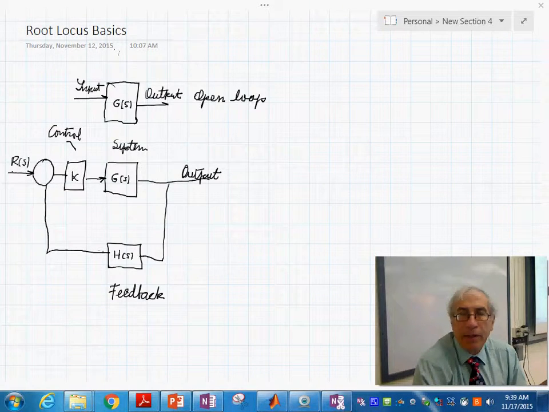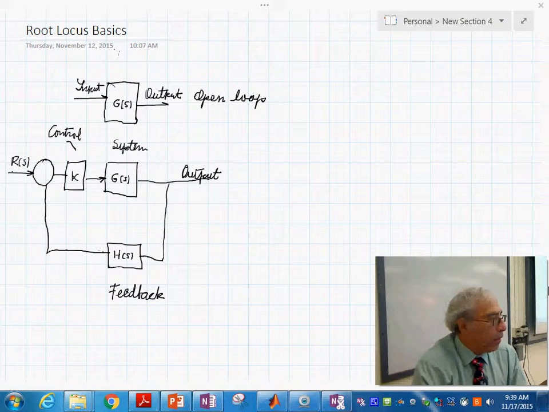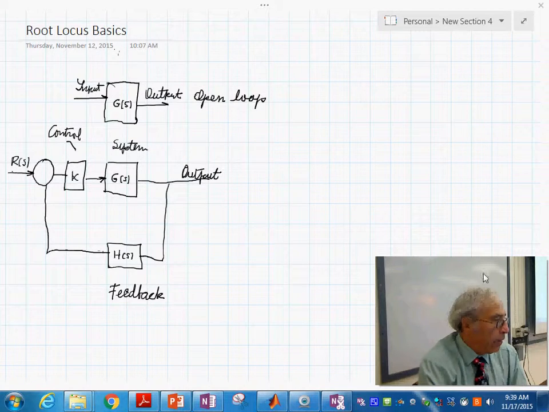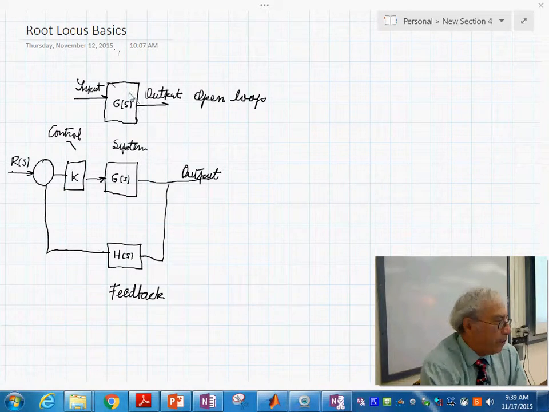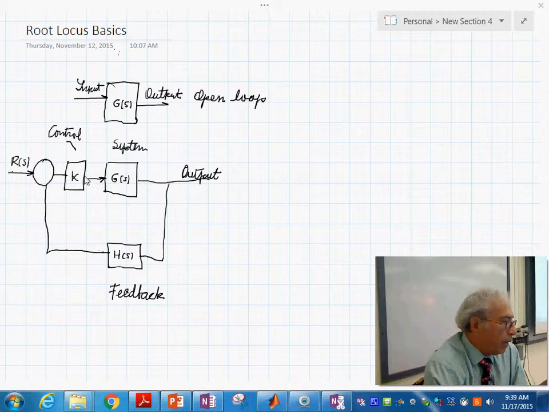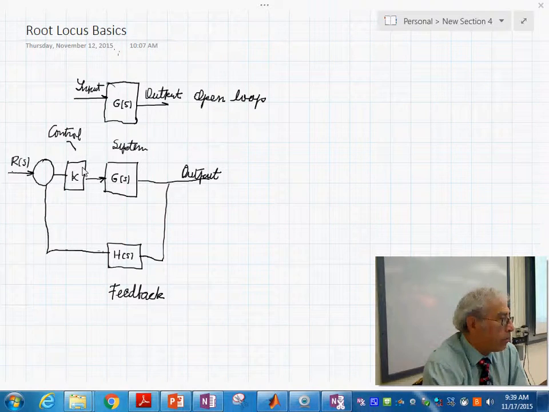So on the screen, I have a very basic loop of a system and a feedback, and we are going to take a look at the transfer function of the system, which we're going to call G of S, and the control, in this case a proportional control, a simple system.